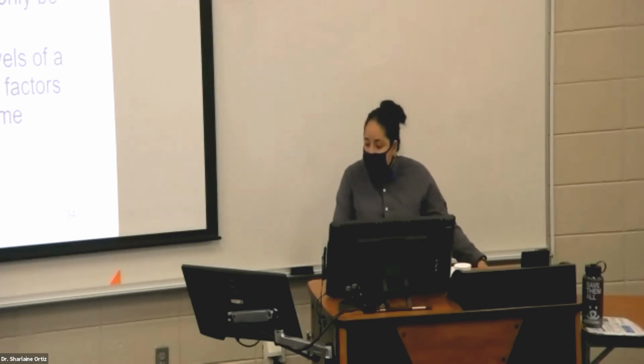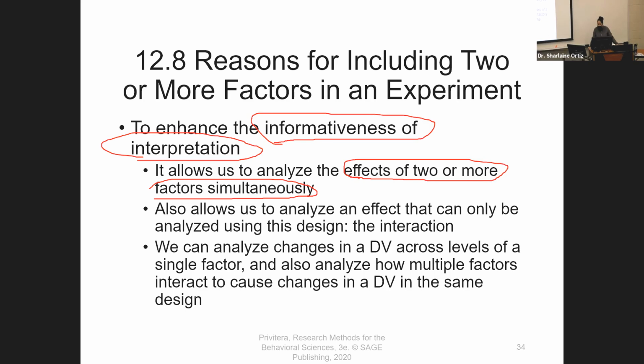Notice that another characteristic that we will find is that it allows us to analyze whether or not there is an effect of interaction. This is the only design that will allow us to view interaction.